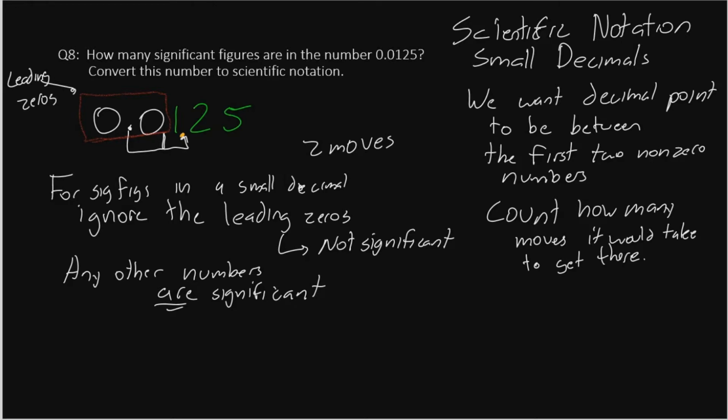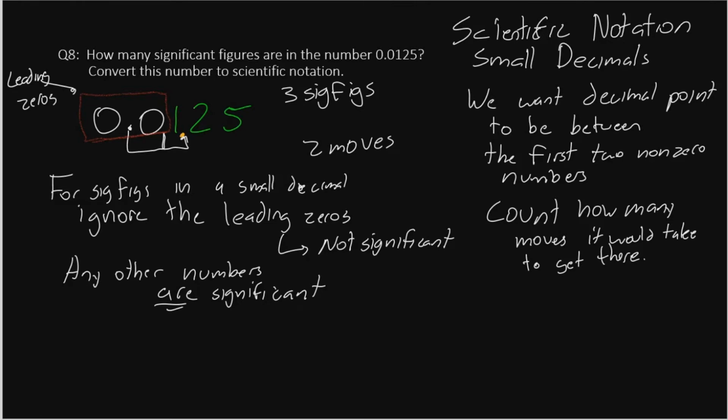So, our number has how many significant figures here? Well, we would say there are 5 total numbers, but the leading zeros, which are 2, are not significant, and therefore we'll have 3 significant figures. Therefore, our scientific notation should have 3 significant figures.